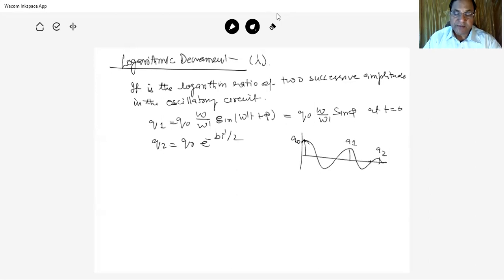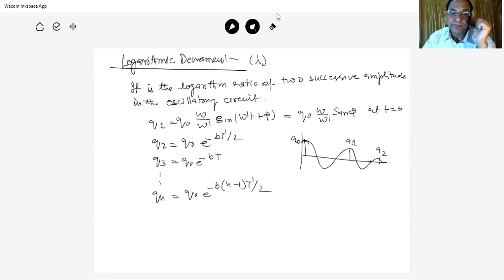So this is minus bt by 2. Q3 is Q0 e raised to the power minus b of 2t dash by 2. And similarly, Qn is Q0 e raised to the power minus b n minus 1 t dash by 2.